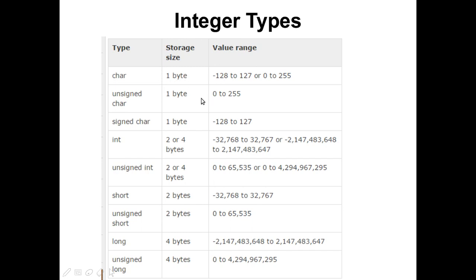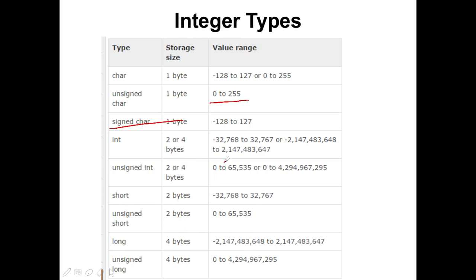One of the bits is reserved for sign, so its value can be from -128 to 127, though in some compilers it depends on the machine. In some cases it allows 0 to 255 also, but when I say specifically unsigned char, there is definitely no reservation for the sign bit, so you will have 0 to 255. When I specifically say signed char, the value will be from -128 to 127.